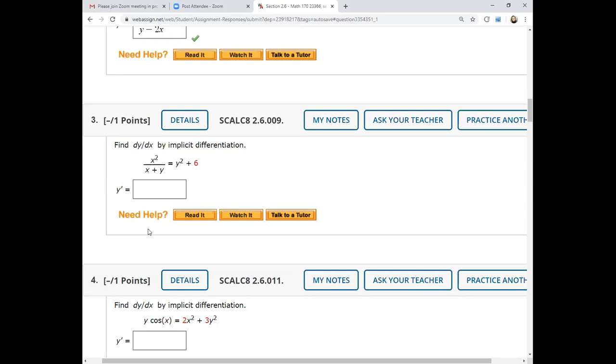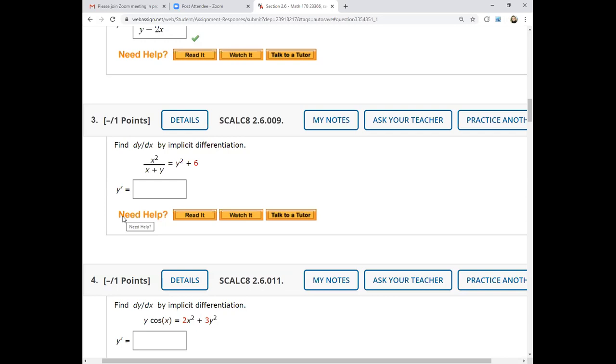Yeah. x squared over x plus y equals y squared plus 6. Okay, so now this is going to be a little bit trickier.